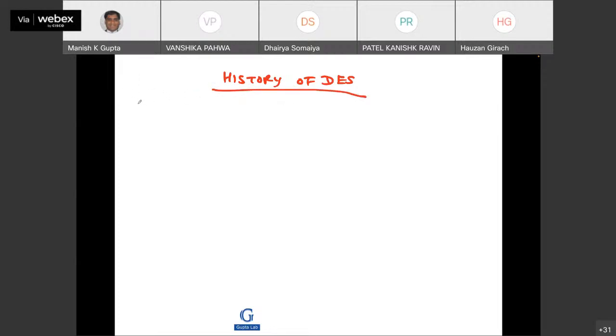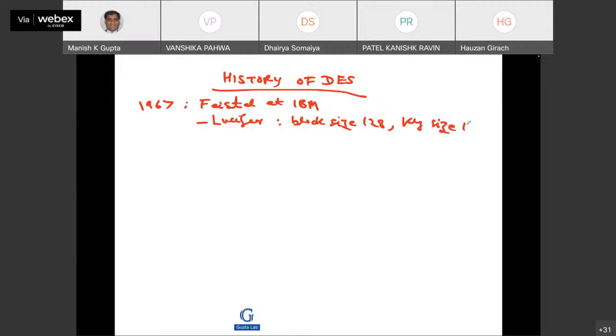In 1967, Feistel's cipher was invented at IBM, and the initial cipher based on this was Lucifer, with block size 128 bits and key size 128 bits.